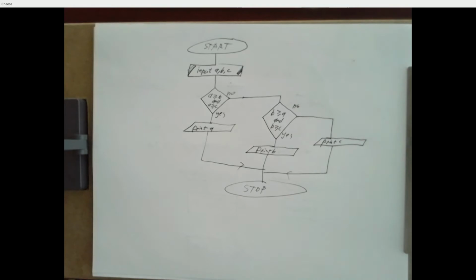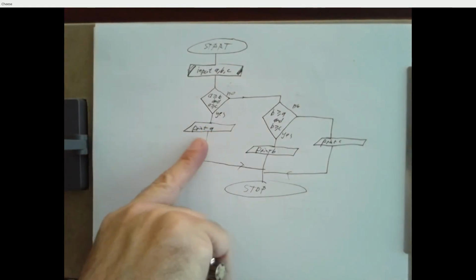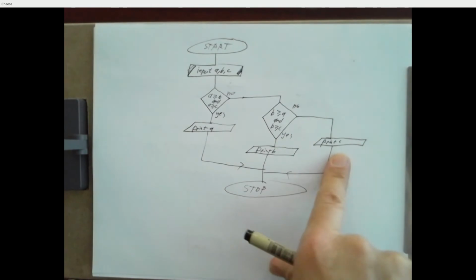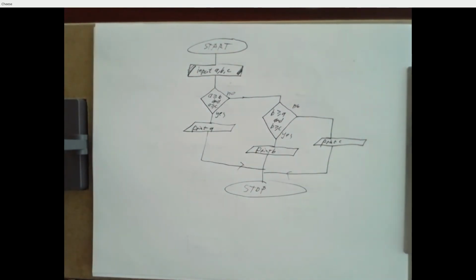You can say if A is greater than or equal to B, ampersand, ampersand, A is greater than or equal to C, curly bracket, print A, close curly bracket, right? Else, blah, blah, blah, else, blah, blah, blah. So in the back of your mind, you have maybe a target language in mind for what you're going to eventually write your program in, right? And that can sort of affect the level at which you're doing your flowchart.